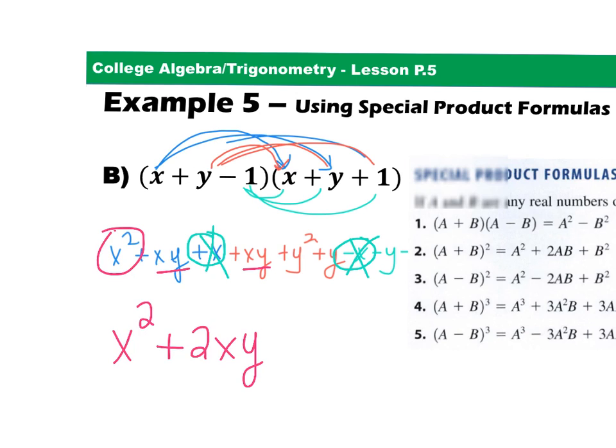So then I have y squared. Anything else have a y squared? Plus y squared. I have a positive y and a negative y. What do they do? Cancels out. And then what's left over here? Minus 1. There you go.